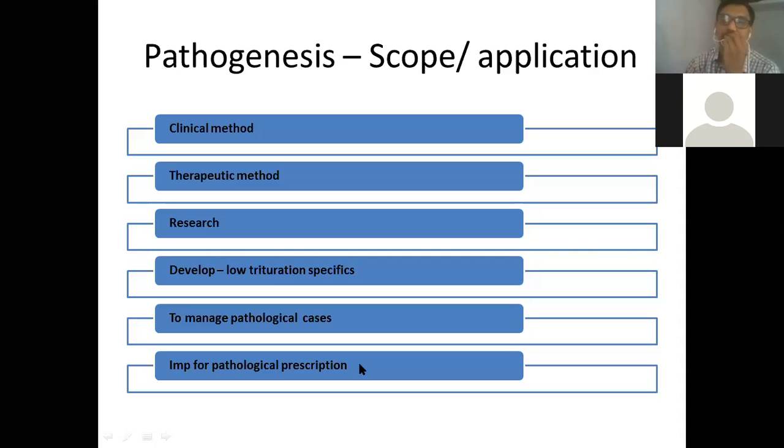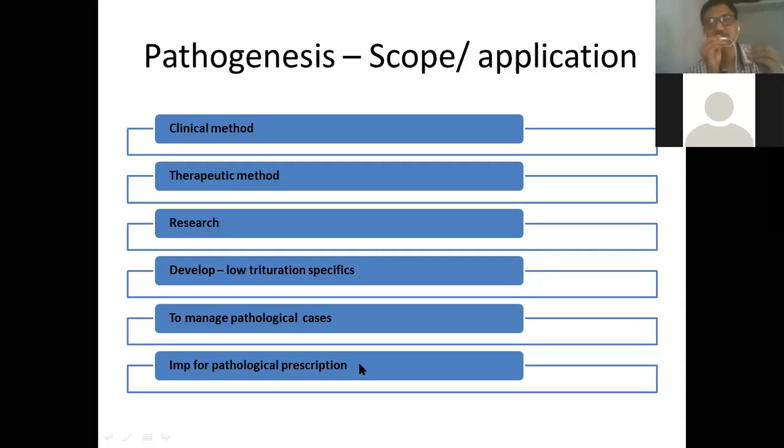If your prescribed medicine does not have the ability to produce similar kinds of pathologies, there are very few chances of cure. To simplify, I will give one example. If you want to treat jaundice or hepatitis with homeopathic medicine, you must prescribe a medicine which has the ability to produce hepatitis in the drug proving or in the toxicological study of the drug, and only then will you be able to cure that hepatitis.